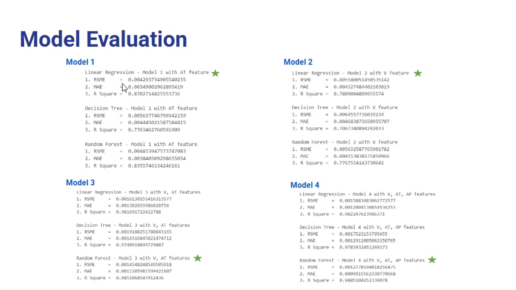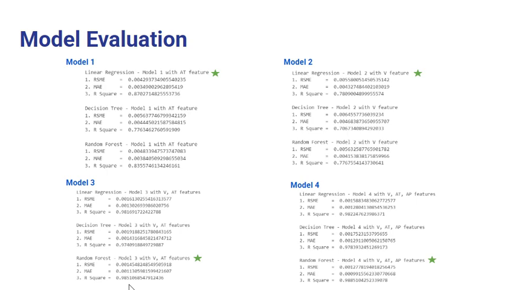As you can see here in model 1, where I have used AT as the only input feature, the three model performances we can see here: linear regression, decision tree, and random forest. We can clearly see here that linear regression is the winner in model 1. In model 2, where we have used only one single feature, that is feature V, again the linear regression has performed very well. In model 3, when we have considered two different features, that is V and AT, we can see random forest has performed very well.